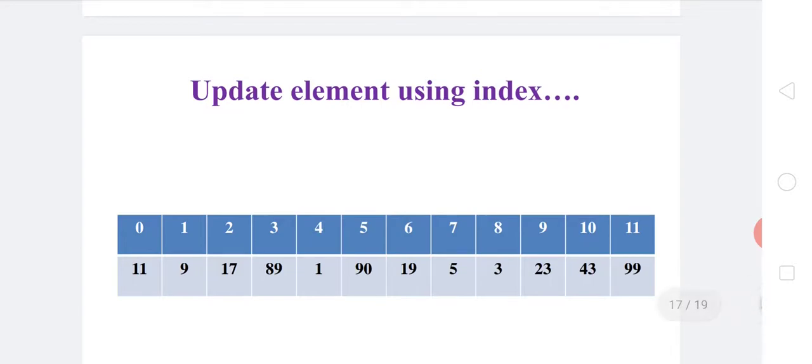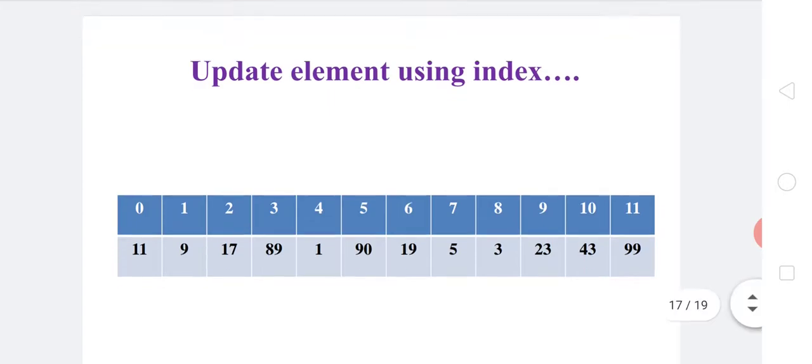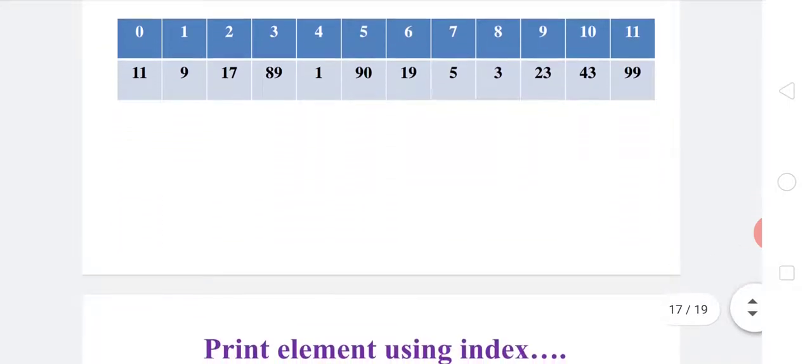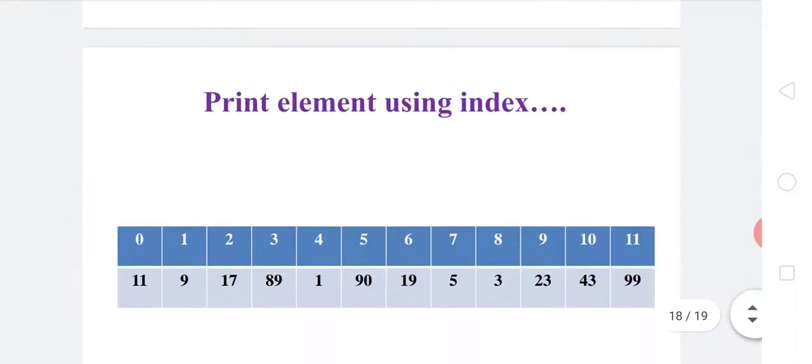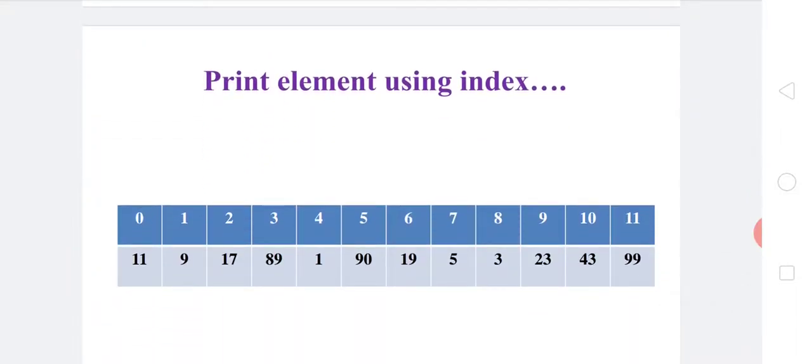The next operation is update element using index. Suppose you want to update the element at a particular location, then we can use the update operation. Then we will see the last operation, which is the print operation. Print elements using the index.